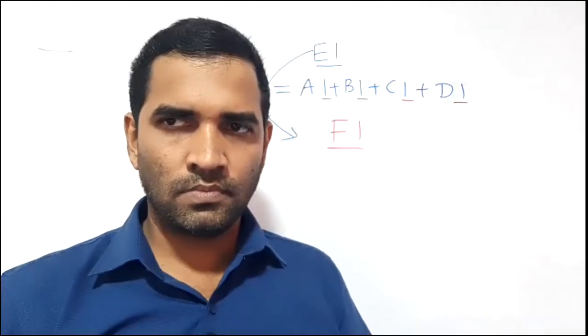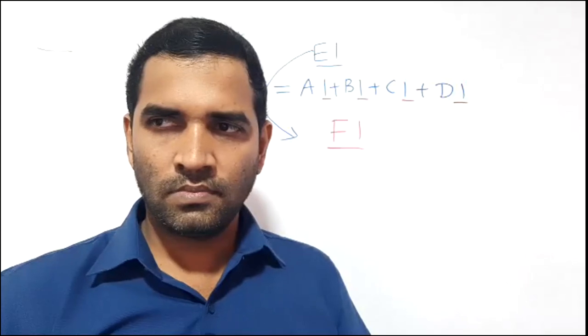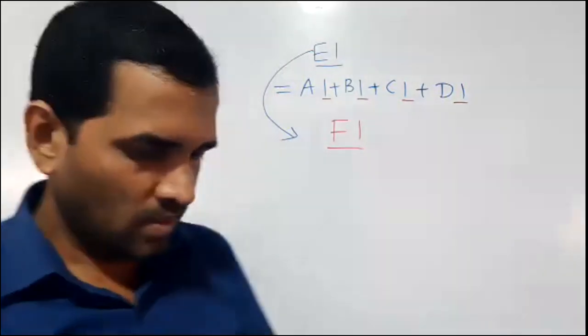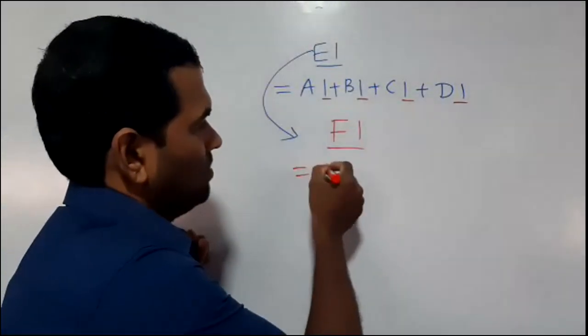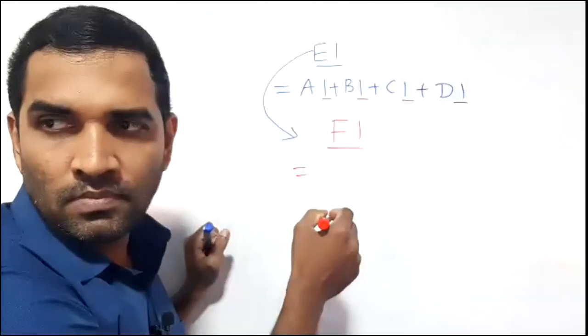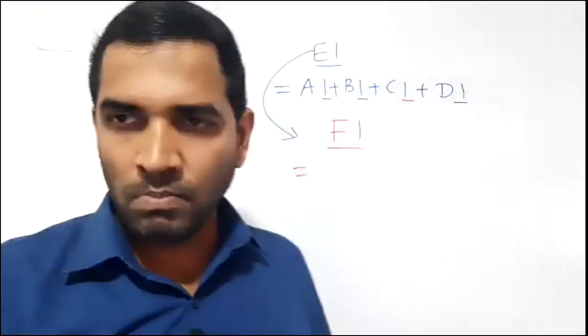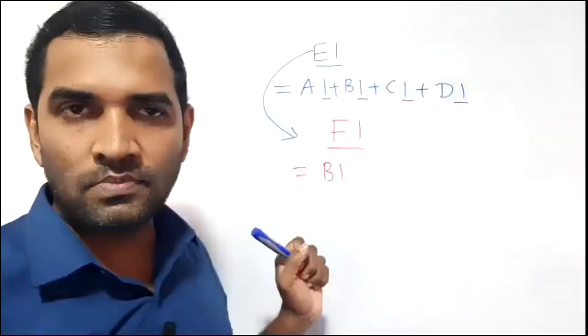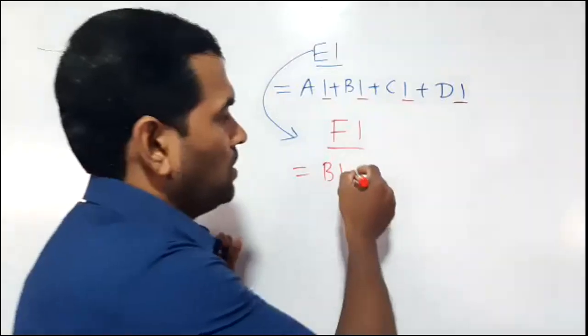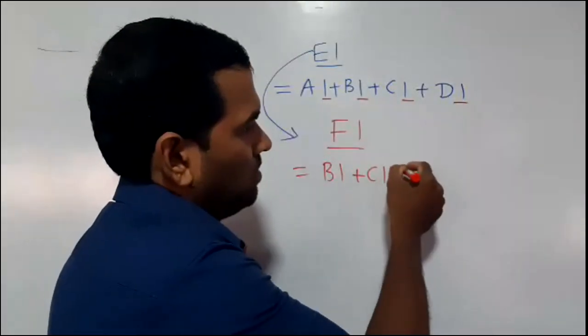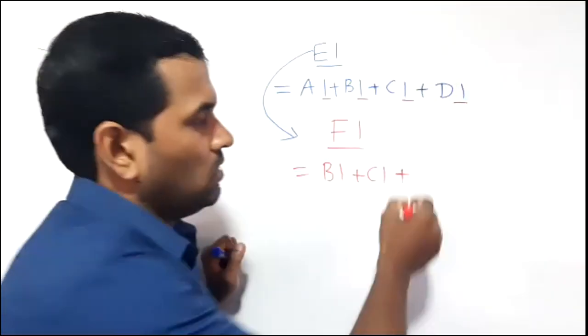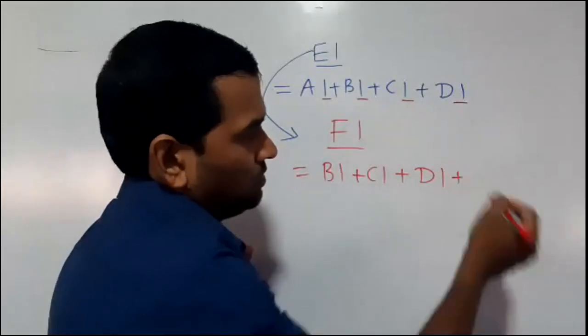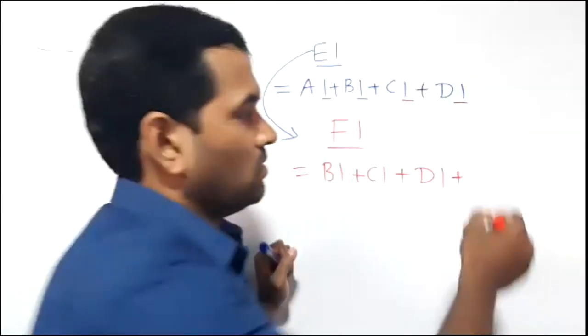B1 plus C1 plus D1 plus E1. Repeat it. B1, right? Plus C1, plus D1, plus E1.